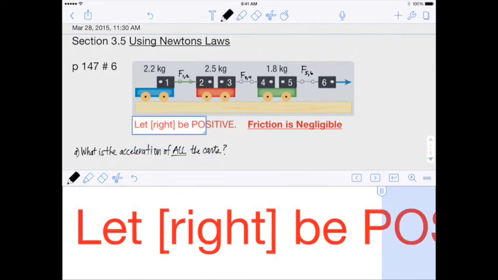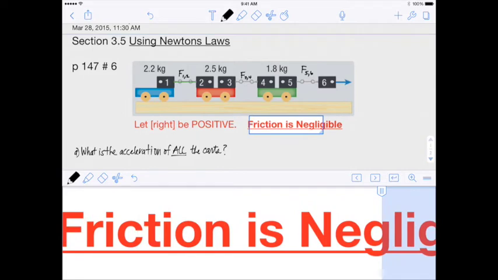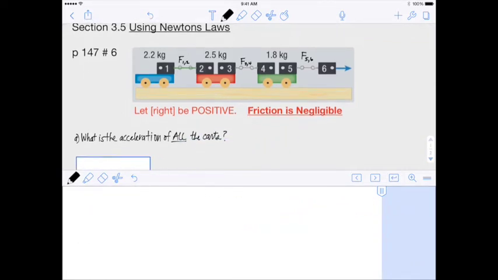We established that the right direction is positive, and the question tells us that friction is negligible. So we can attempt to start our first question. And that question is, what is the acceleration of all of the carts?